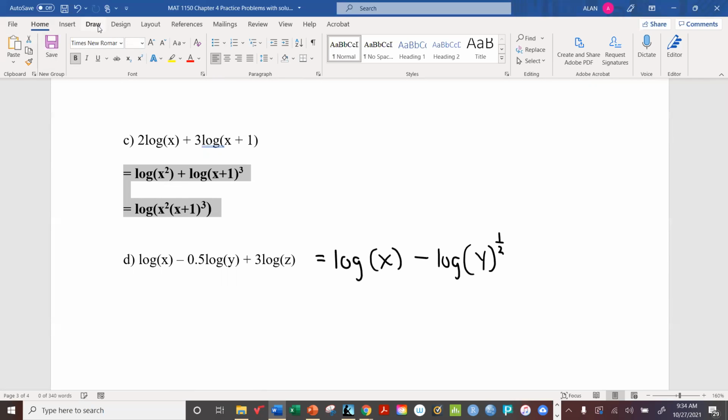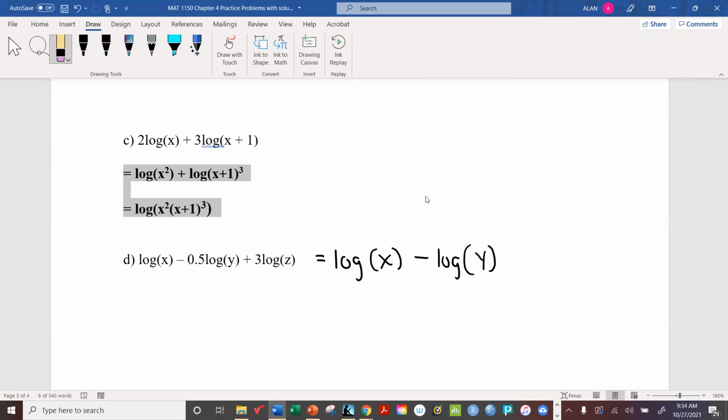I'll leave it like that. Plus 3 log z cubed.